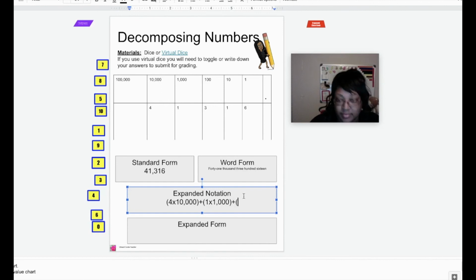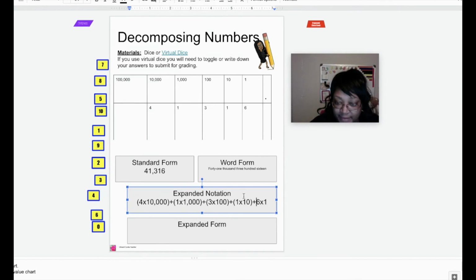Plus, open parentheses, I have 3 groups of 100 plus, open parentheses, 1 group of 10 plus 6 groups of 1.